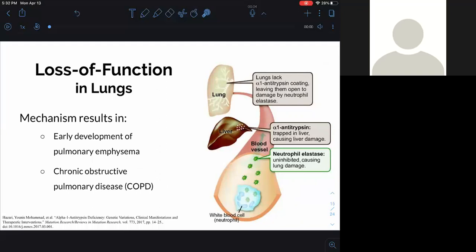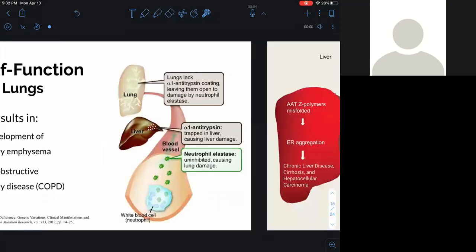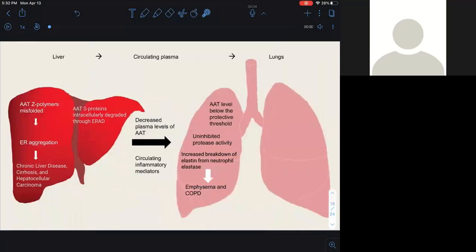Now, this damage from the loss of function mechanism can result in early development of pulmonary emphysema from damaged alveoli and COPD, which causes obstructed airflow. And here is just an overview of the mechanisms leading to the symptoms of AATD. So the AATS proteins are secreted from the ER and degraded through the ERAD system.